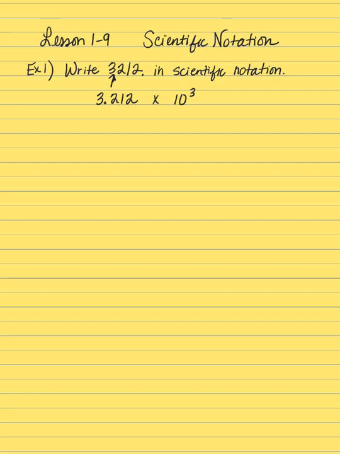Okay, so for the next example, I want to show you how to take a number that's in scientific notation, and I want us to write it back in standard form.